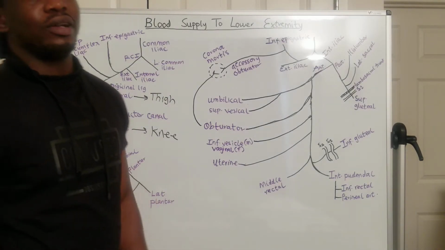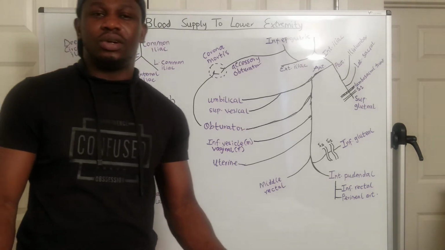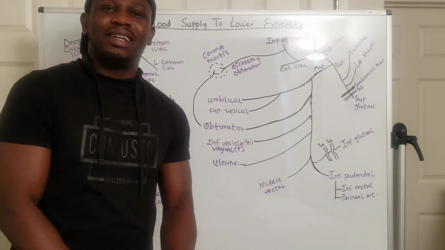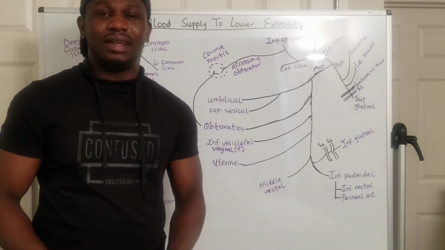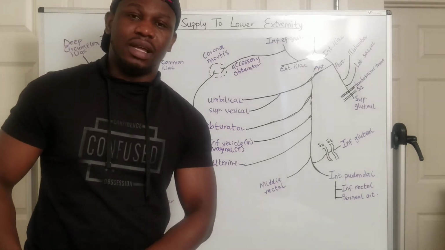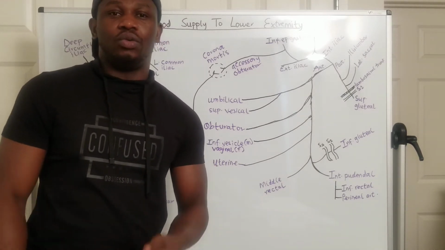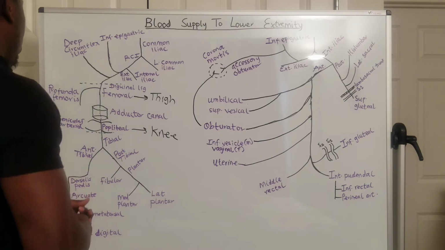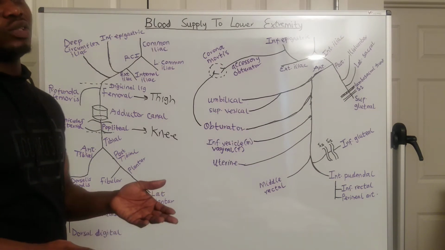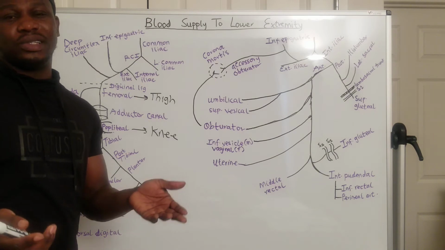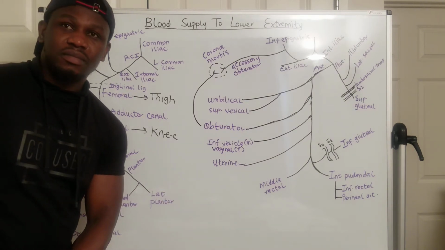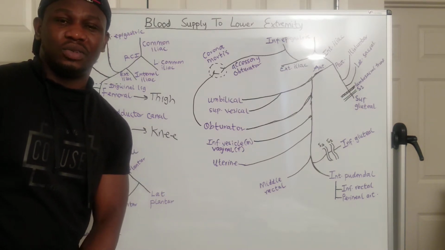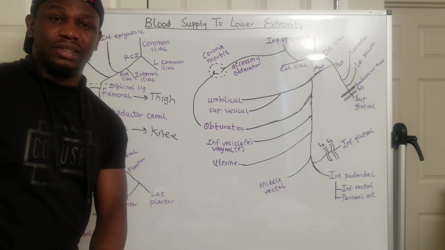These genicular arteries give blood supply to the knee joint. On the exam, they can ask you, a patient presents to your clinic complaining of pain in the knee joint. Whenever there is a lack of blood supply, you look at the area, and once you know which artery is running in that region, you come up with the answer. They will also ask about the anterior thigh, which has many muscles, like the sartorius or the quadriceps femoris.